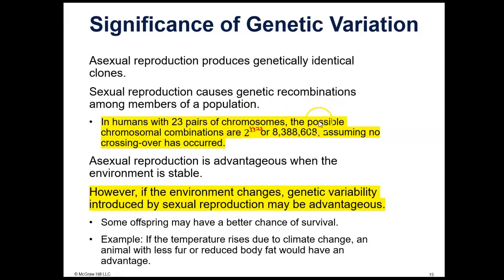So this number, 8,388,608, that is the number of possible chromosome combinations that you would see in humans with 23 pairs of chromosomes. That's the number of possible combinations that you could get. And that is if there is not any crossing over at all. Okay?